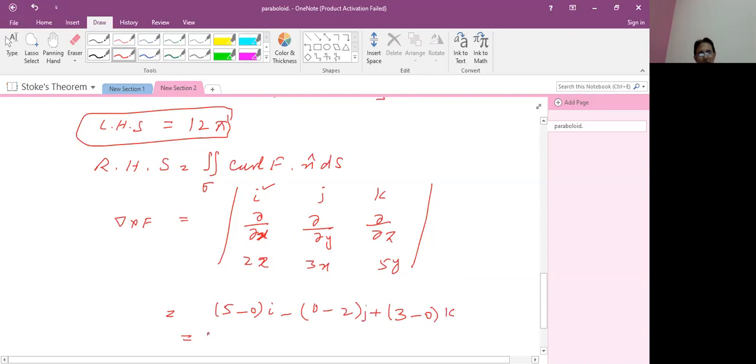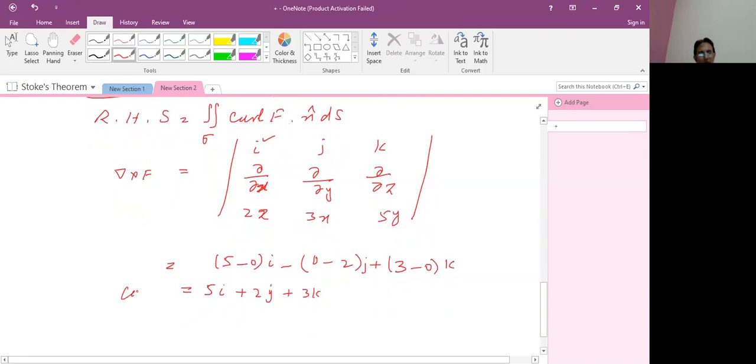So now the answer is 5i plus 2j plus 3k. This value is called curl f.